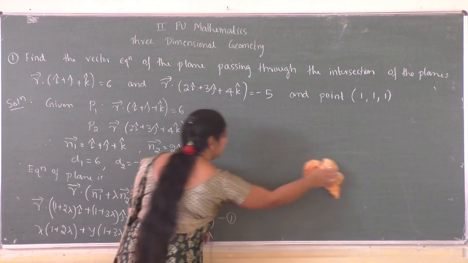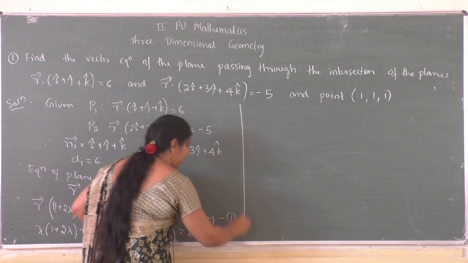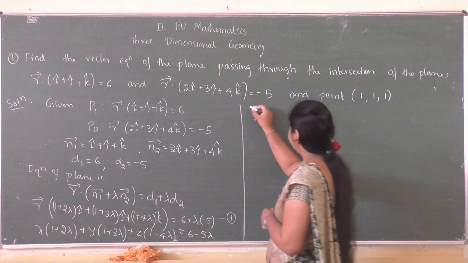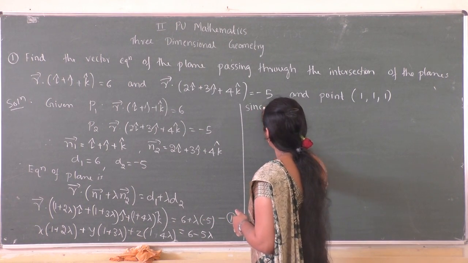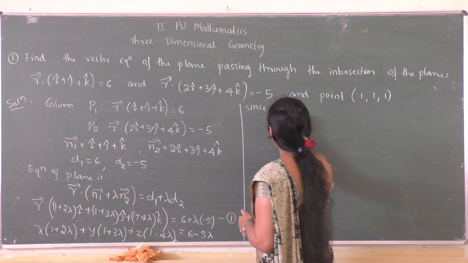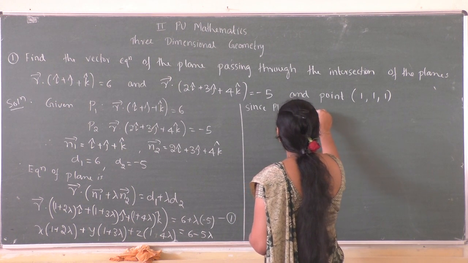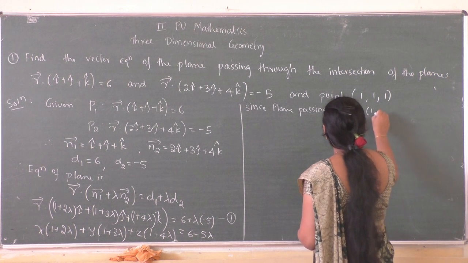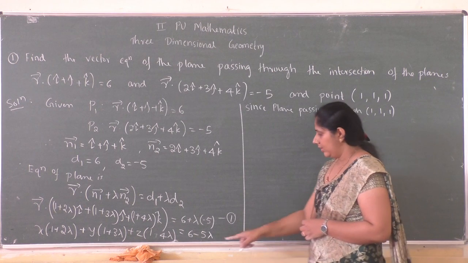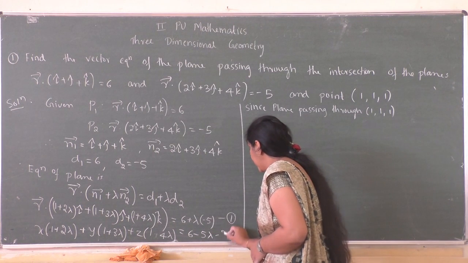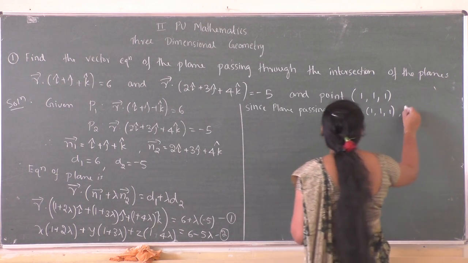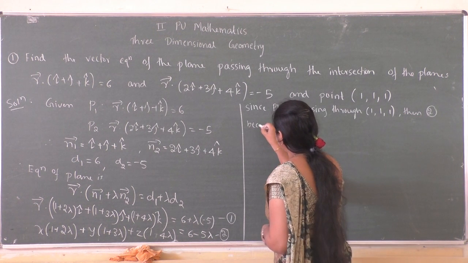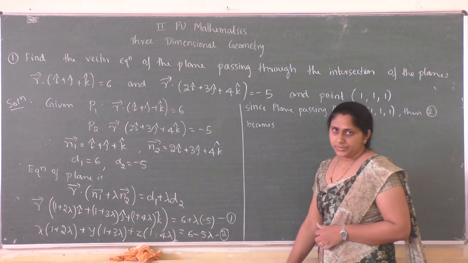Therefore, in the place of x, y and z, you can write the values 1, 1, 1, since the plane is passing through the point 1, 1, 1. I will take this as equation 2. Then equation 2 becomes, what is equation 2?